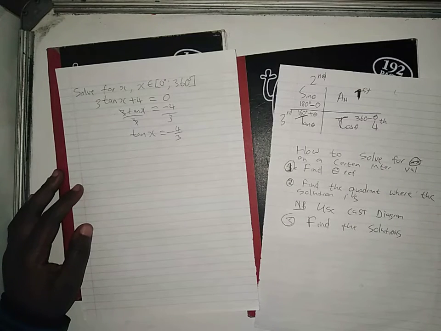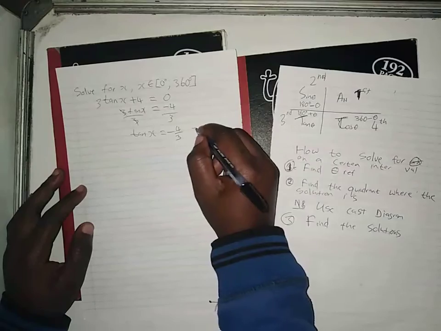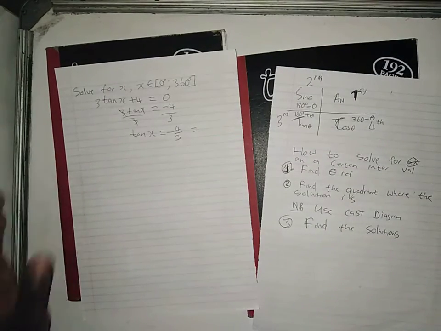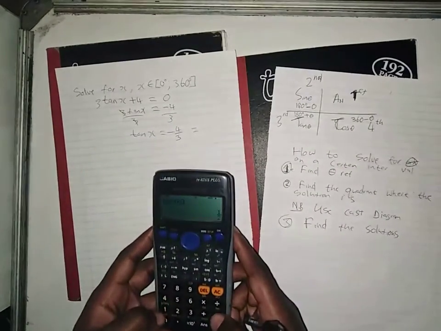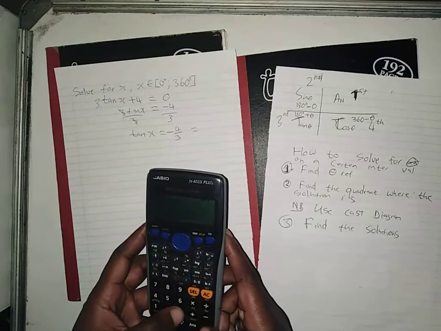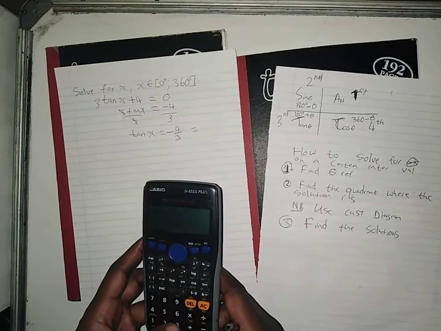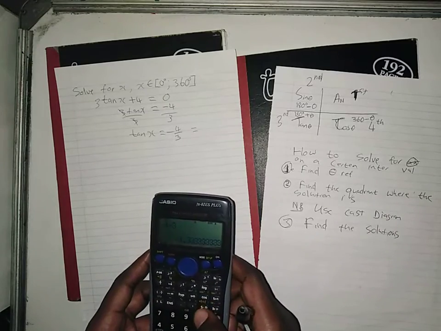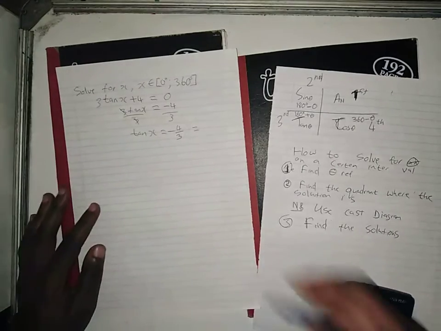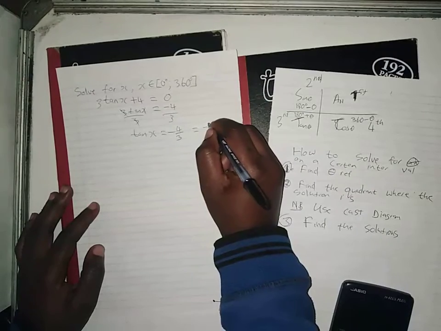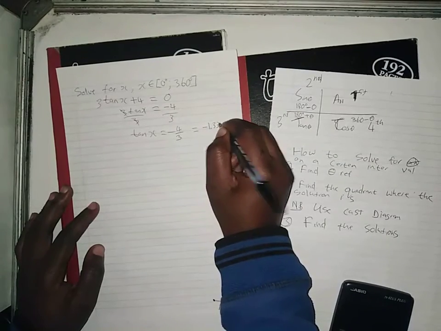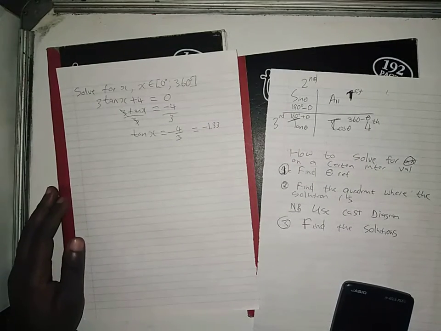Okay, so just on normal cases, minus 4 over 3 is minus 1.33. Let's just write this in. You will see where we're going to use it. It's minus 1.33 and on and on. Okay, we're going to take only 2 3s.